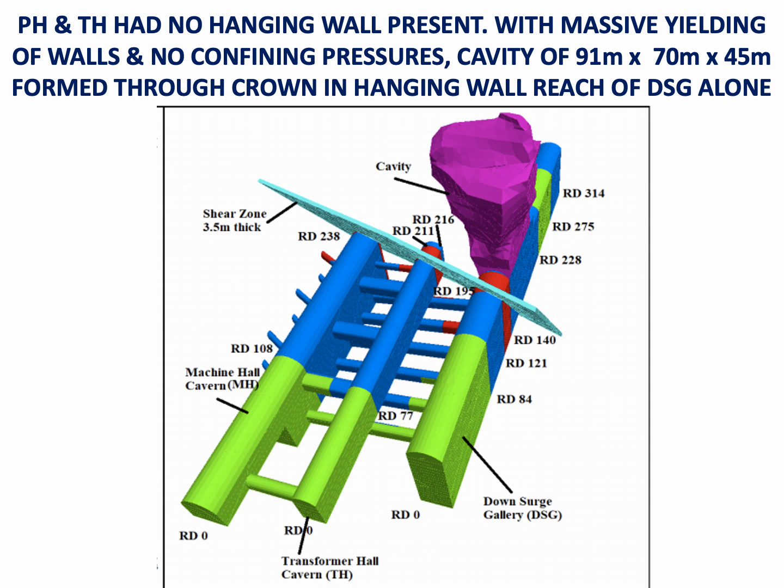Thus the condition involving presence of hanging wall phenomenon in a rock mass comprising multiple joint sets which gave rise to formation of multiple sets of potentially unstable wedges was only present in the case of Downstream Surge Gallery alone.